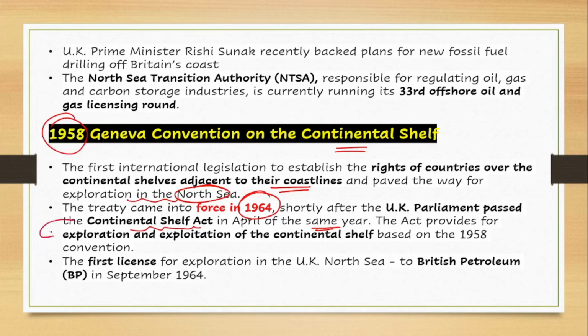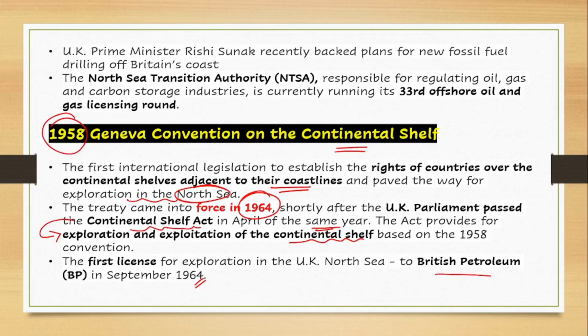And this act had provisions for giving licenses for the exploration and exploitation of resources in the continental shelf based in the UK. And the first license was given to British Petroleum in the year 1964.